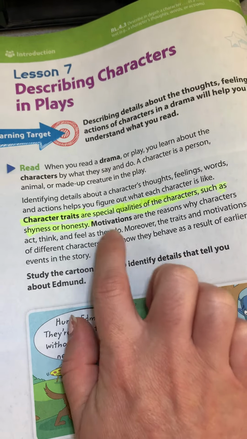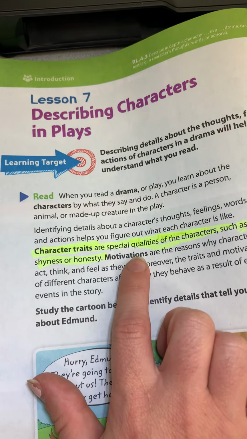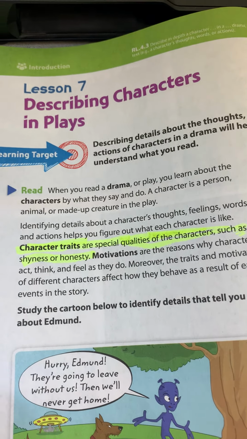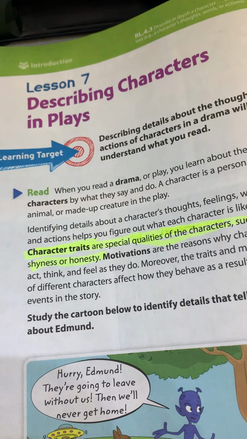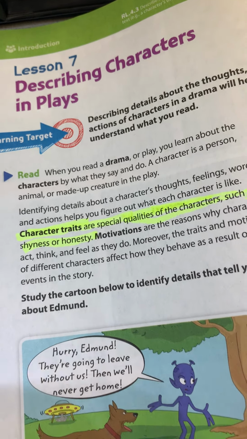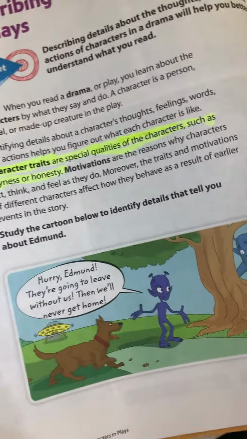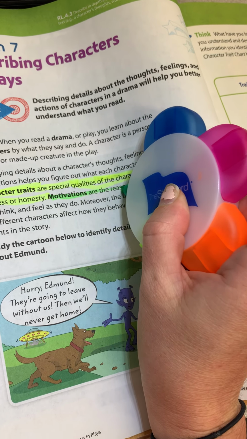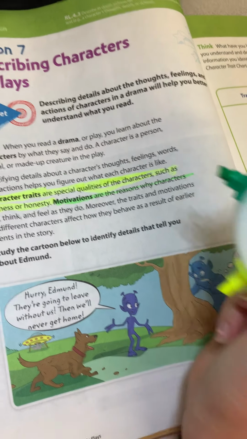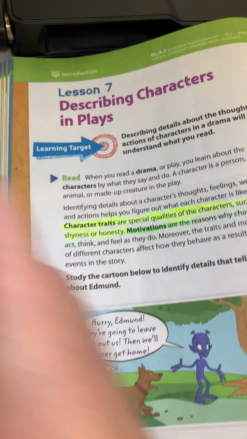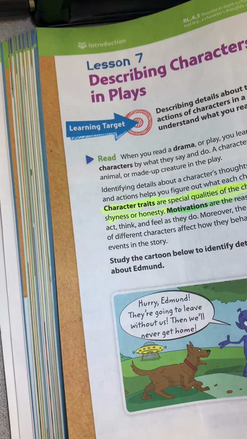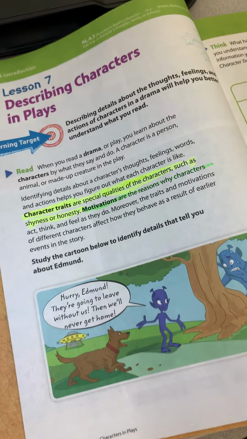There was motivation from that horse to do that. There were reasons why. I'm going to highlight this in green. I think that's important as well. Motivations are the reasons why characters do something. Why do you act a certain way? What is the motivation behind it?